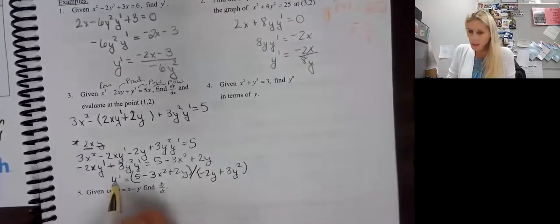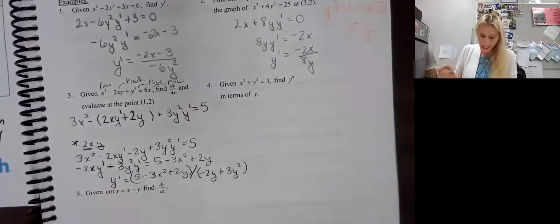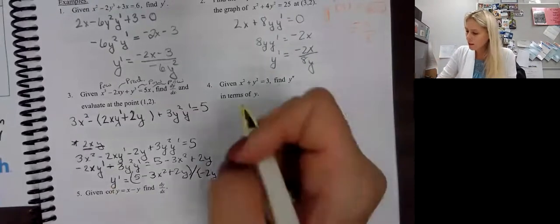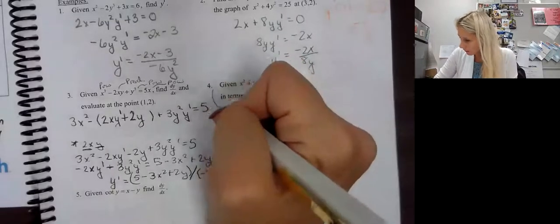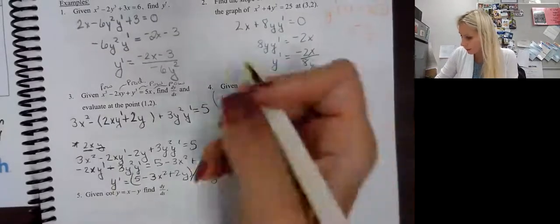I actually can write this as dy dx. Okay, and now I'm taking the prime of that term. So what I'm actually going to do, guys, is make some space for myself.